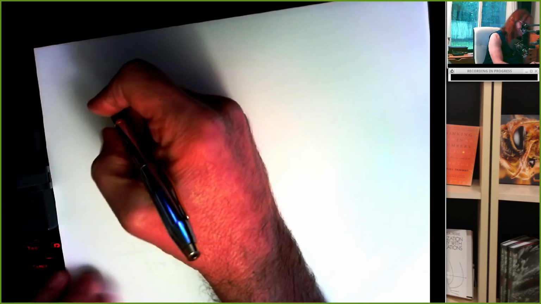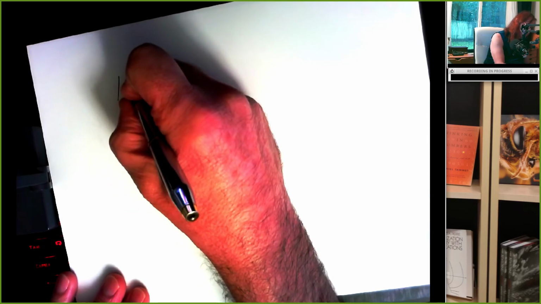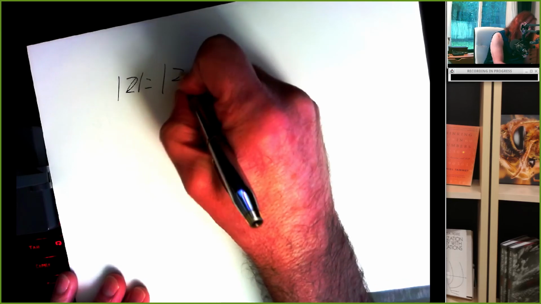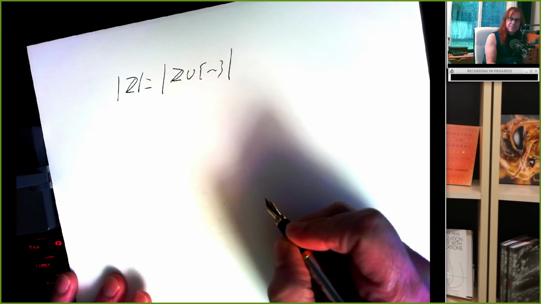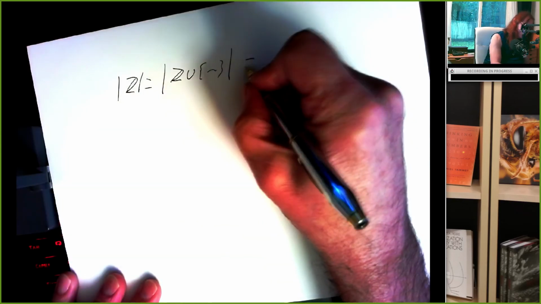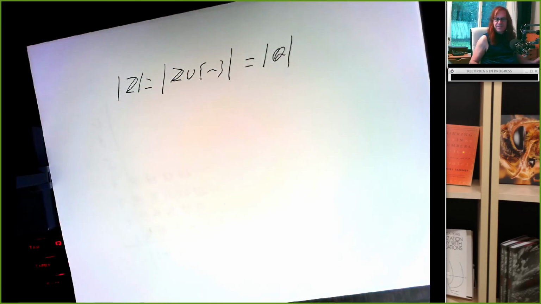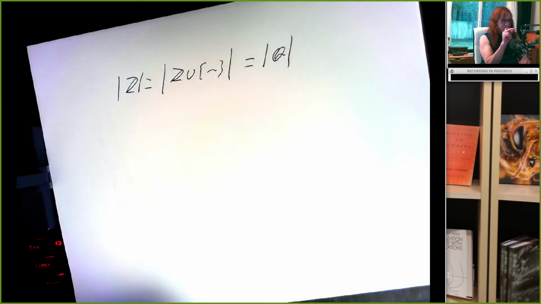So we know that the cardinality of the integers is the same as the cardinality of the integers union some singleton set. And we also know that this is the same as the cardinality of the rational numbers, the fractions. Right, that's something we got by going down that diagonal.